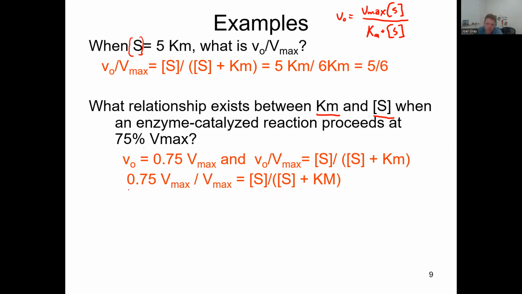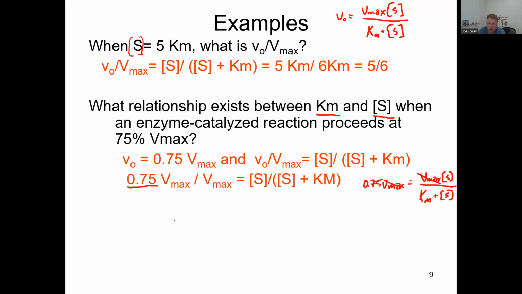We end up with 0.75 Vmax over Vmax is equal to substrate concentration divided by substrate concentration plus Km. So the way that I had this set up, 0.75 Vmax equals Vmax... Essentially, what was done here was you divide each side by Vmax, and you're able to eliminate that Vmax.